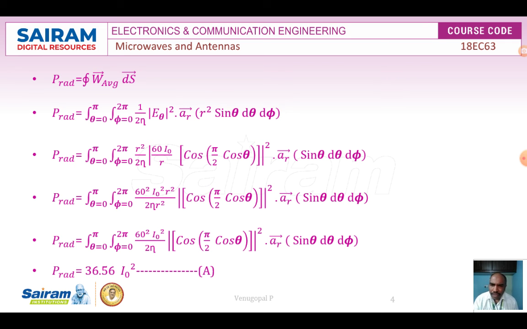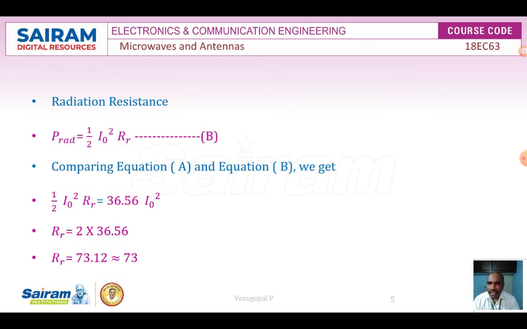Next we are going to write the equation of the radiated power, which is expressed in terms of the radiation resistance, as P radiated is equal to 1 by 2 into I naught square into Rr. Dear students, please note down the difference in the P radiated in short dipole and half-wave dipole.